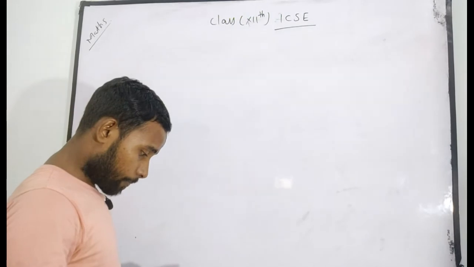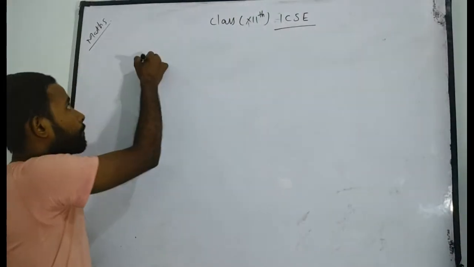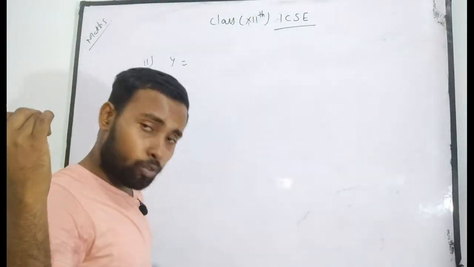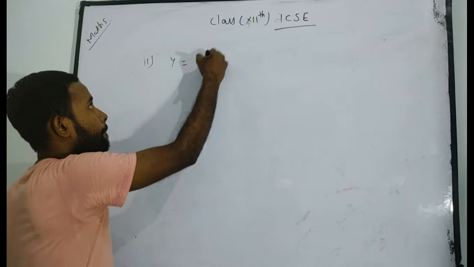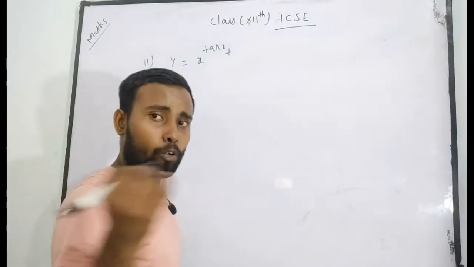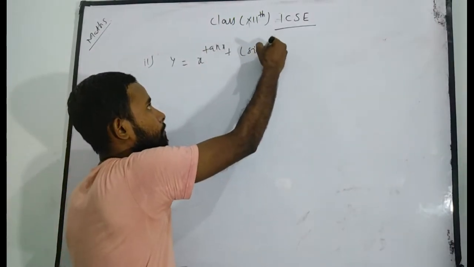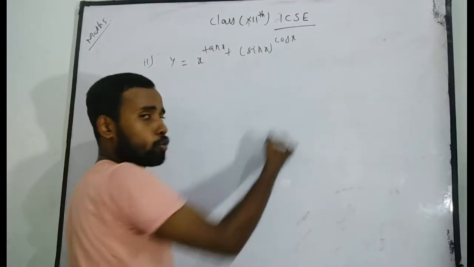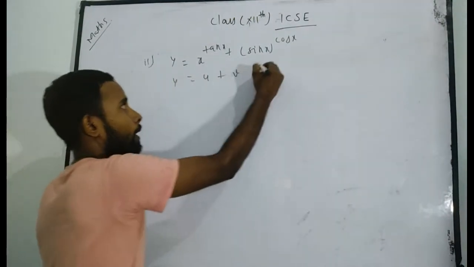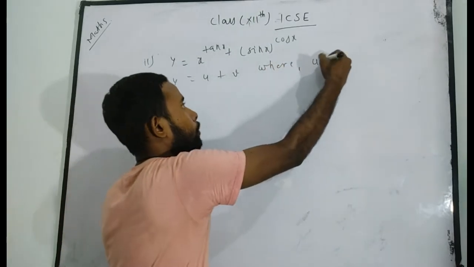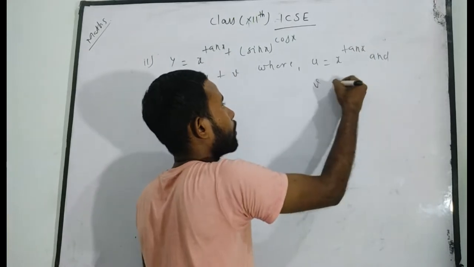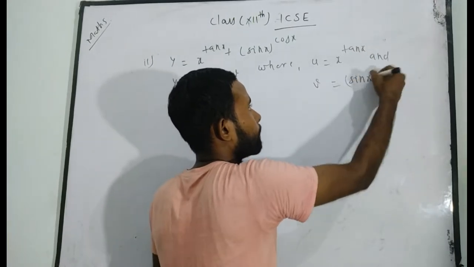The next question, the second one: y is equal to x to the power 10x plus sin x to the power cos x, and you have to find dy/dx. Suppose this is your u and this is your v, where u is equal to x to the power 10x and v is equal to sin x to the power cos x.